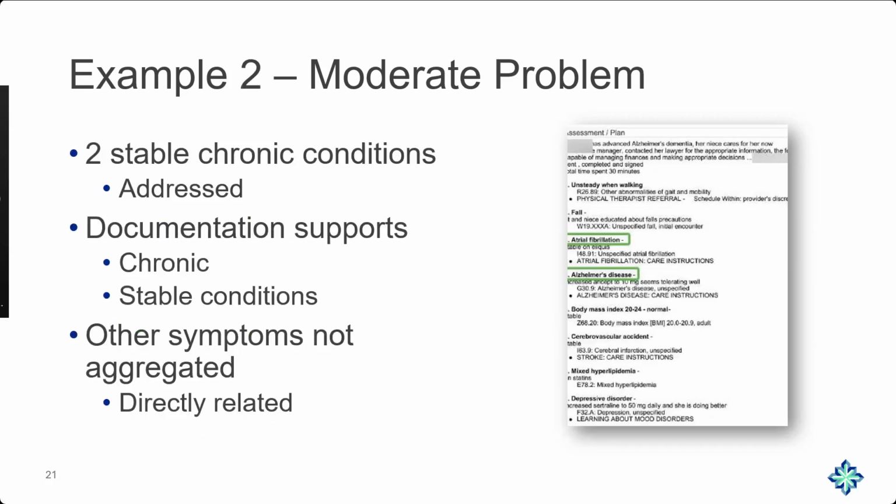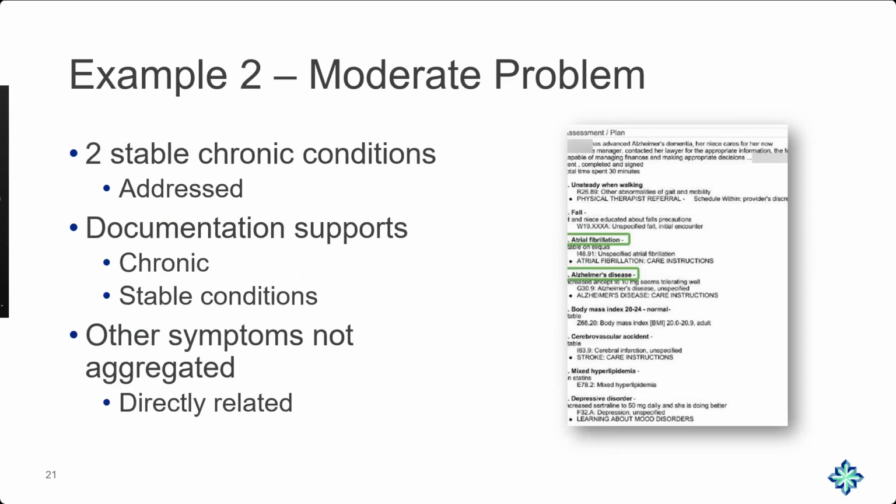Here is another example of some documentation for a moderate problem. Here we're looking at 2 stable chronic conditions that were addressed, and I have them highlighted. There's some other things going on with the patient. The patient had a fall, they were unsteady when they were walking, but those are things that occurred for that patient. They don't necessarily represent a symptom that aggravates the level of service, say, to a high.